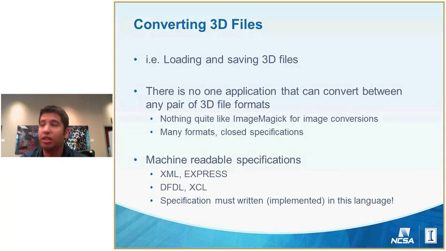There are languages like DFDL and Express and others where you can potentially do that. The problem is that the specification has to be written by somebody. In terms of old formats, that's probably not going to happen. In terms of proprietary formats, that's probably not going to happen. Even if it was doable, it's a lot of stuff. It's probably not going to happen.